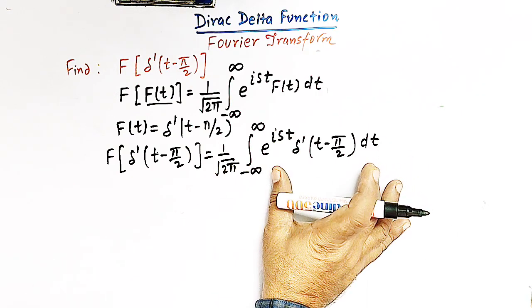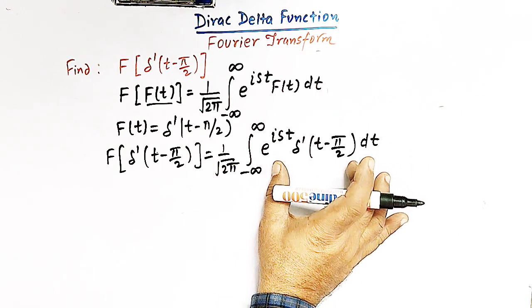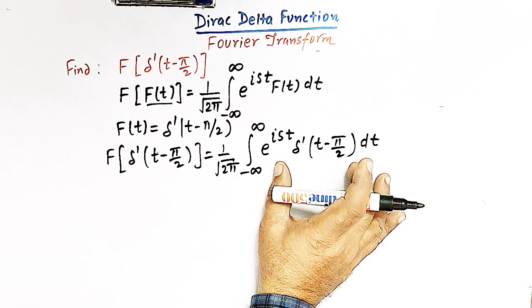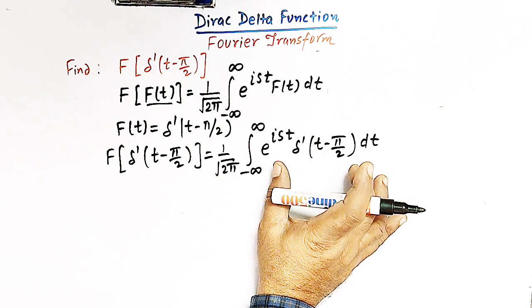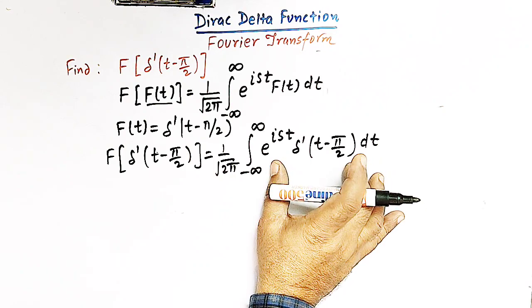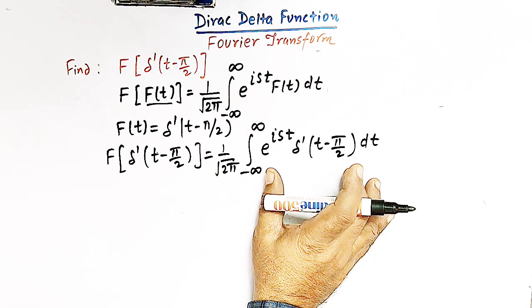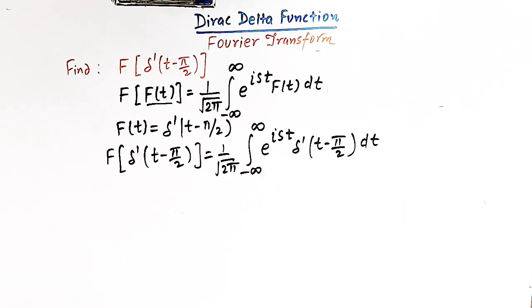Now our aim is to find the value of this integral, and to do so we are going to make use of an important property of derivatives of the Dirac delta function.